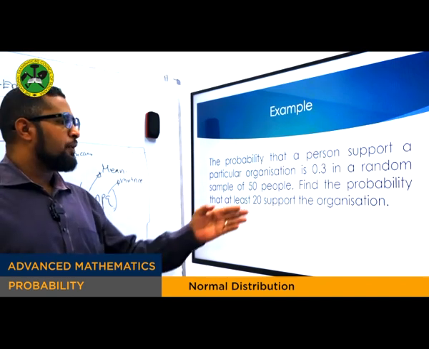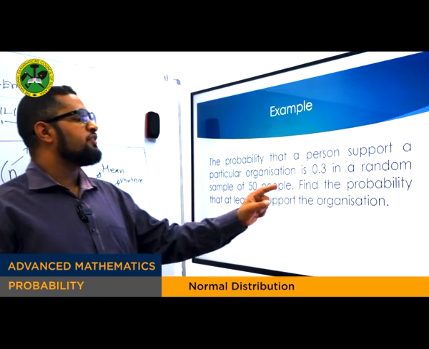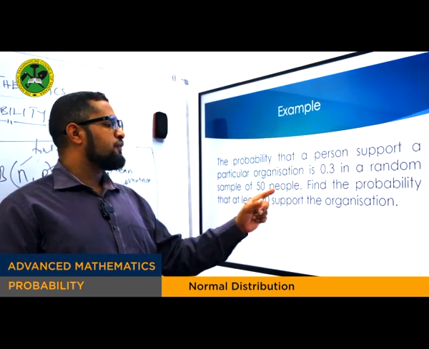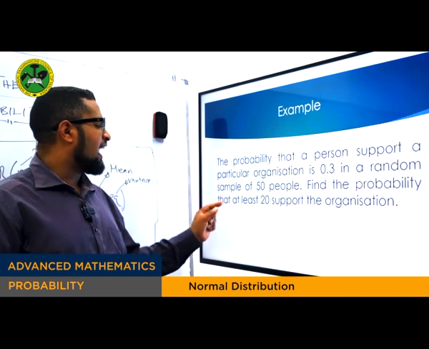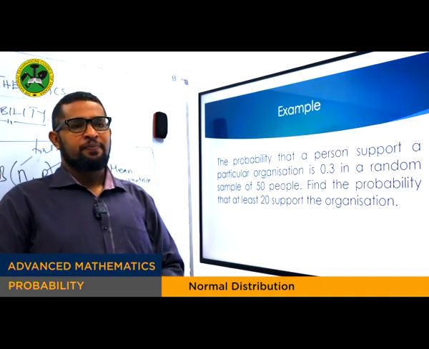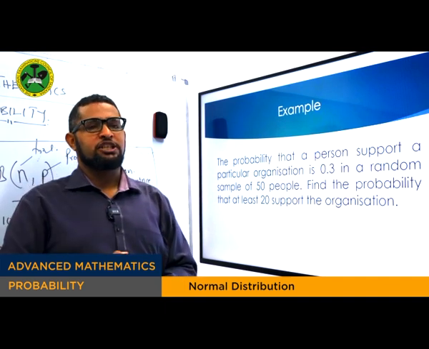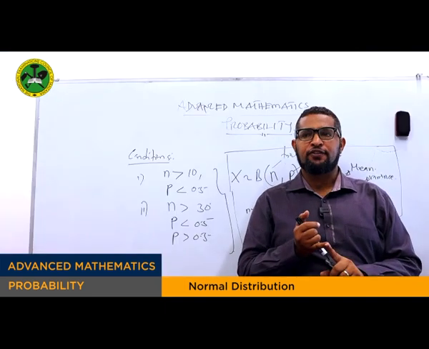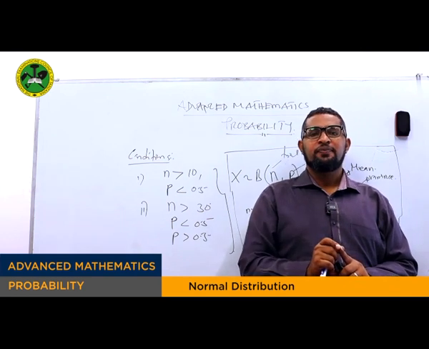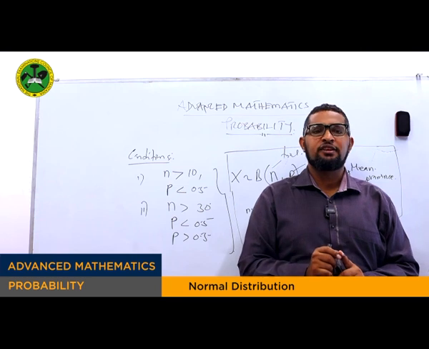The probability that a person supports a particular organization is 0.3. In a random sample of 50 people, find the probability that at least 20 support the organization. Now, remember the condition. Number 1 is the number of trials. We have two conditions, when n is greater than 10 and when n is greater than 30.